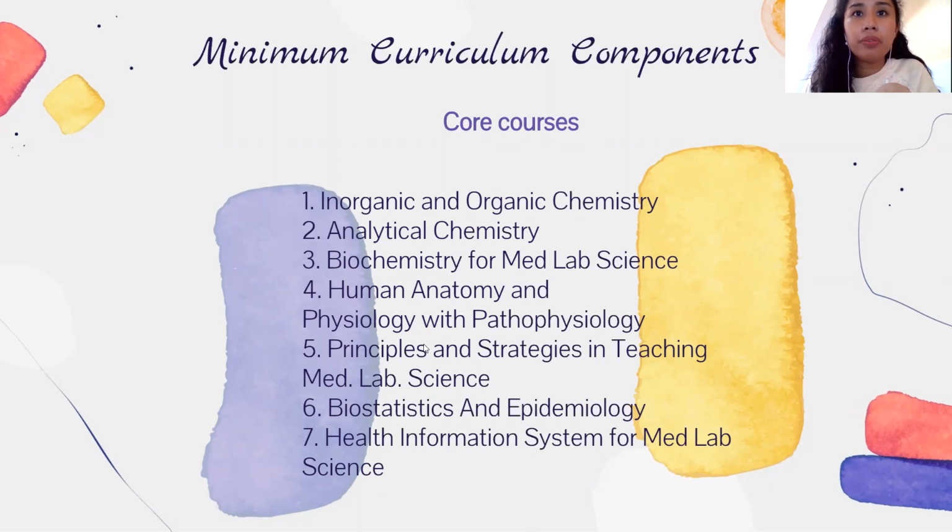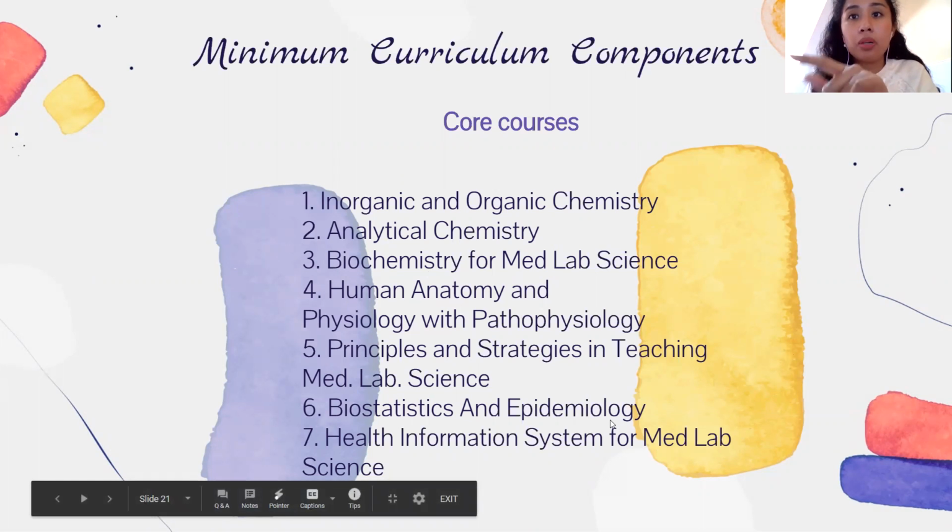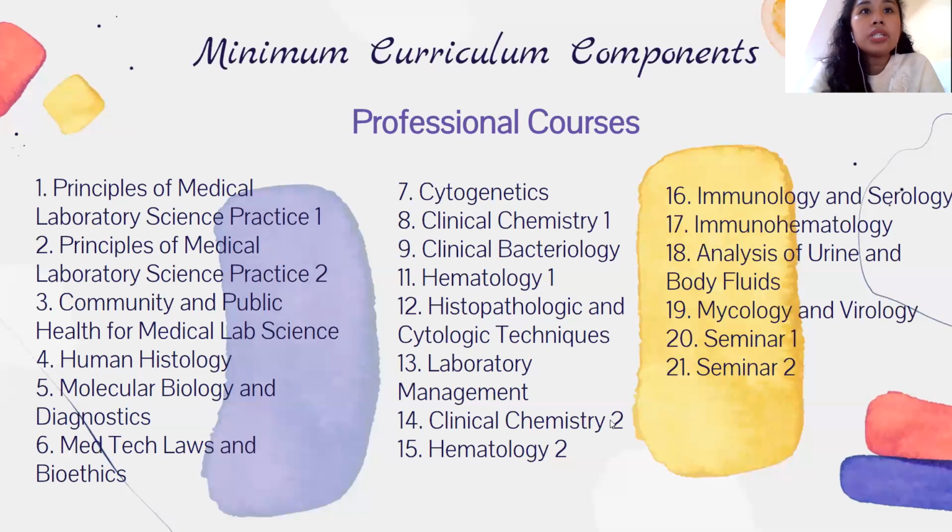Human anatomy, physiology and pathophysiology, principles and strategies in teaching, biostat and epidemiology, health information system. Your professional subjects, so this one, PMLS 1 is a professional subject. Next time, hopefully, PMLS 2, I'll see you again.